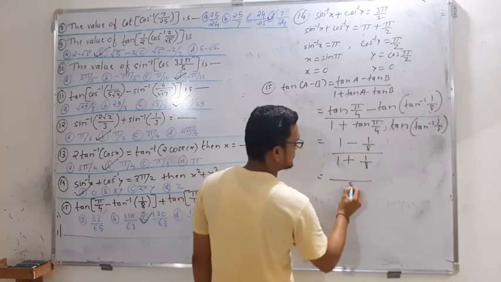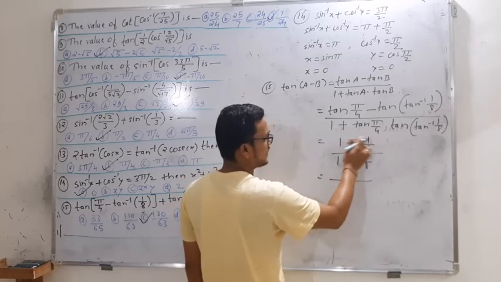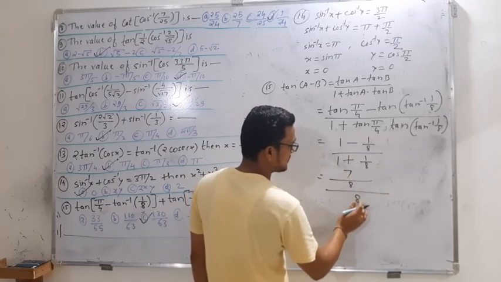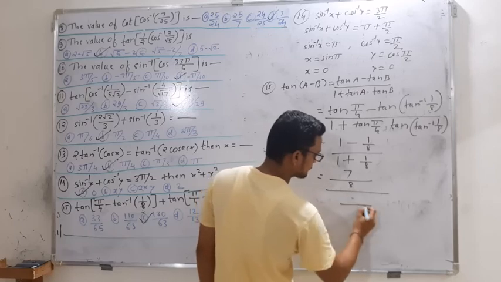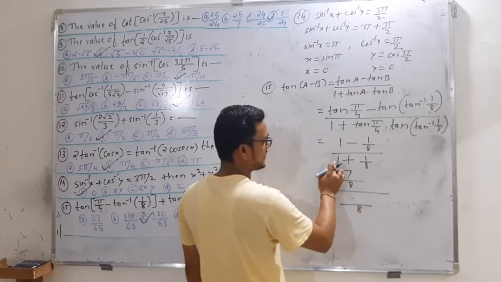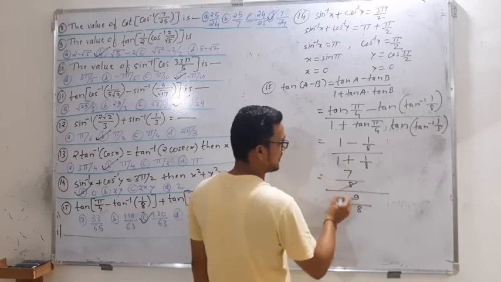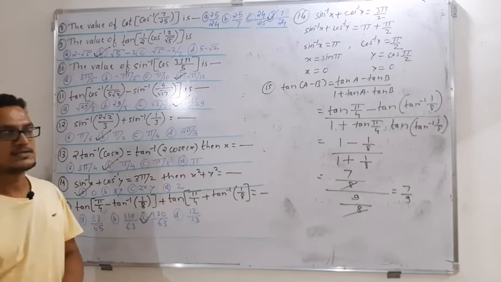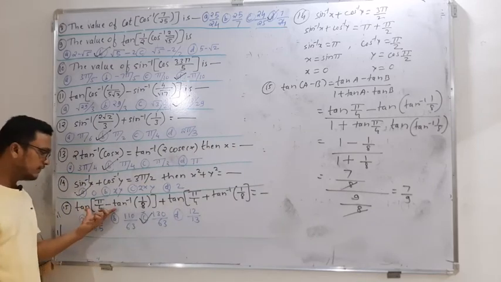So here the LCM is 8, 8 minus 1 is 7, divided by 8 plus 1 is 9, so 8 gets cancelled. The answer is 7 by 9 for the first part.